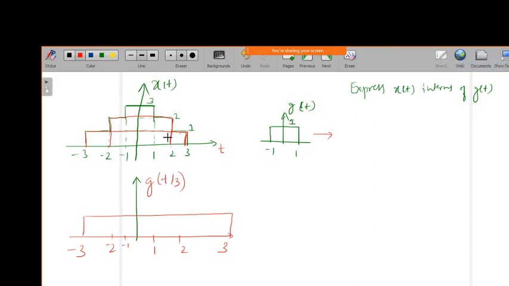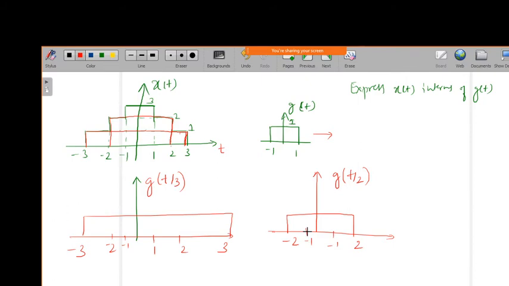So now what is the scaling factor here? I want to get the expansion till -2. What will I do? First I will do the expansion using the scaling method, that is g of t by 2. If I do, it will expand from -2 to +2, right?